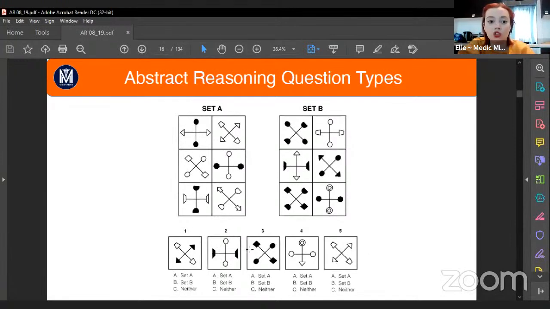With these questions, you could then look at question 1 and say, right, well, it's a cross and it's a mixture of white and black. Actually, looking at both sets, in set A, when it's a cross, it's purely white. In set B, it's purely black. And as someone has just said on the chat, that suggests this is probably not fitting into either set. So be more inclined towards saying neither for question 1.